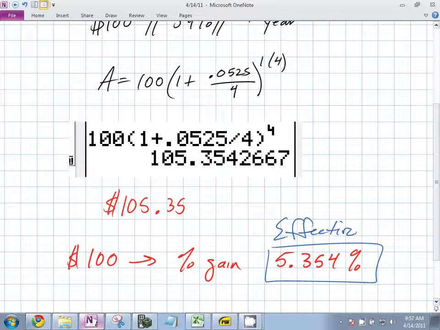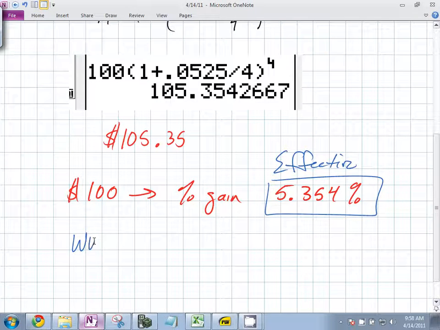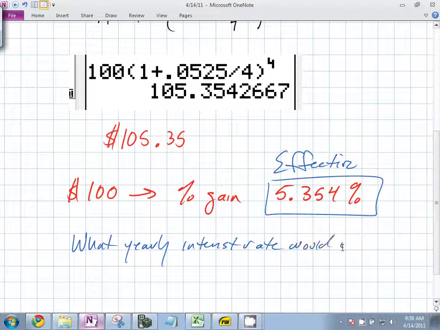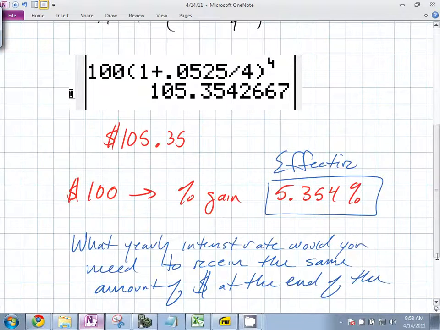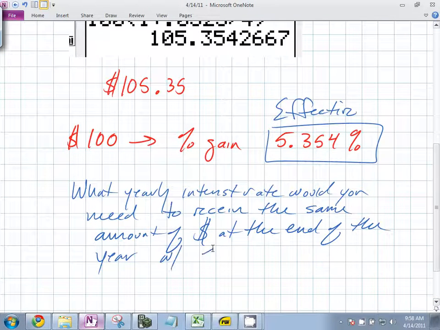What yearly interest rate would you need to receive the same amount of money at the end of the year with interest taken once?